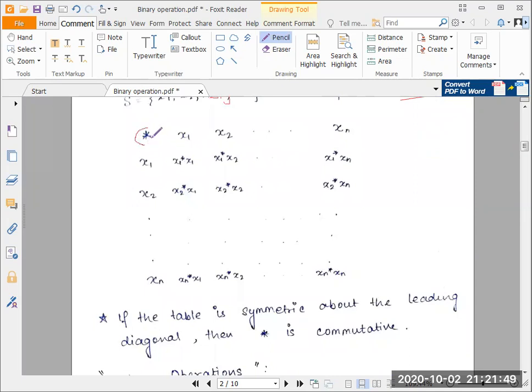It has the star operation mentioned here, and it has n columns which represent the elements, and n rows.